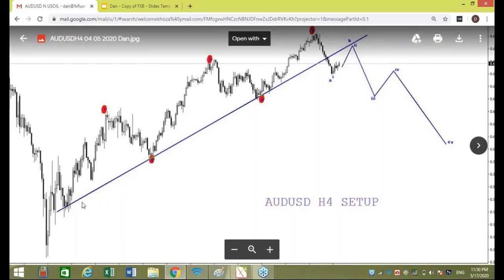What do you notice first about, and like I mentioned earlier, we're going to revisit the rules of the Elliott wave patterns.